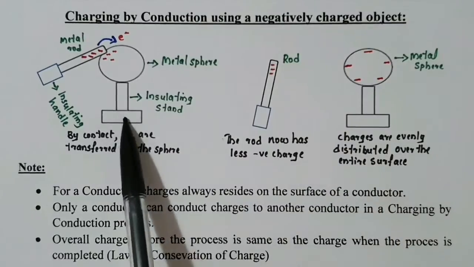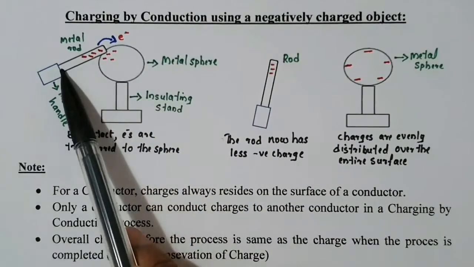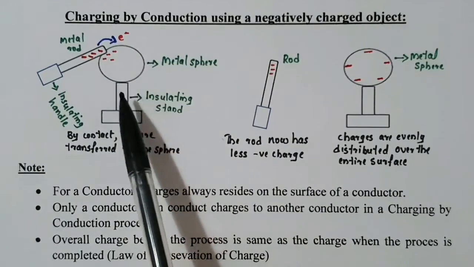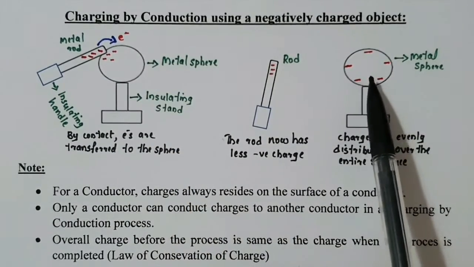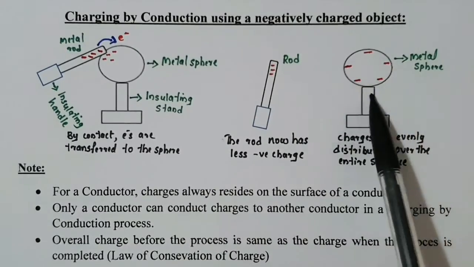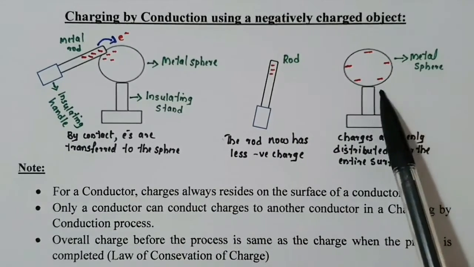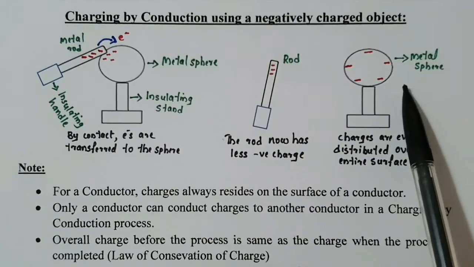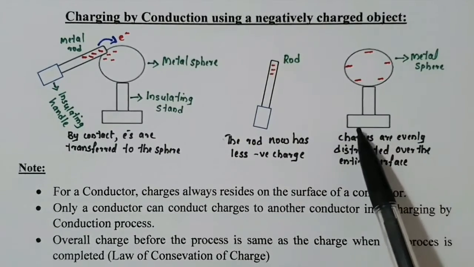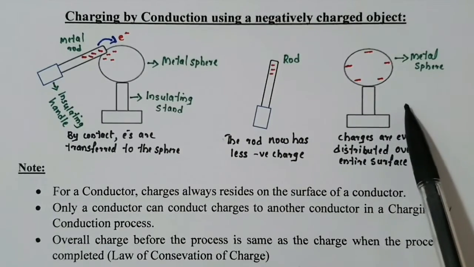So here, when you touch the metallic sphere with a negatively charged rod, charges transfer to the sphere. As a result, the metal sphere becomes negatively charged and these charges are distributed across the surface of the sphere. These charges cannot move outside because the sphere is mounted on an insulating stand, and we know that insulators cannot conduct charges.